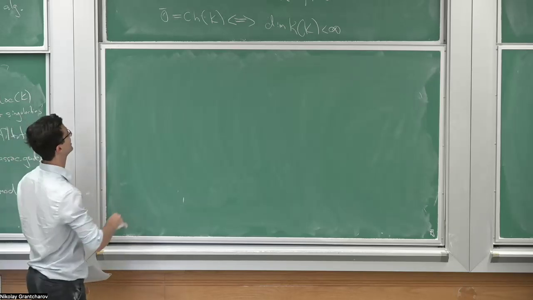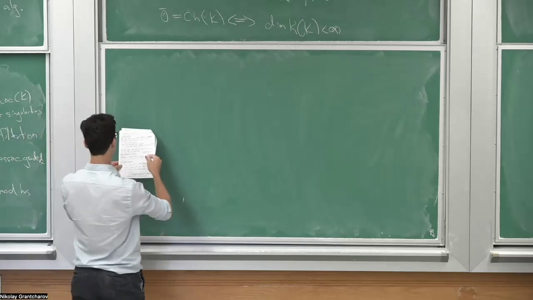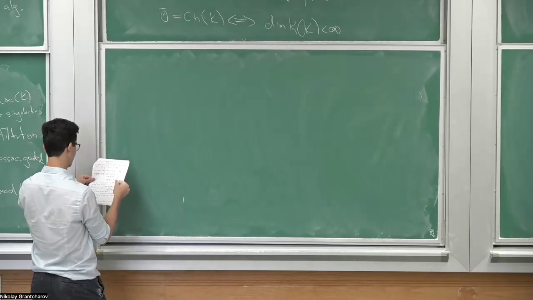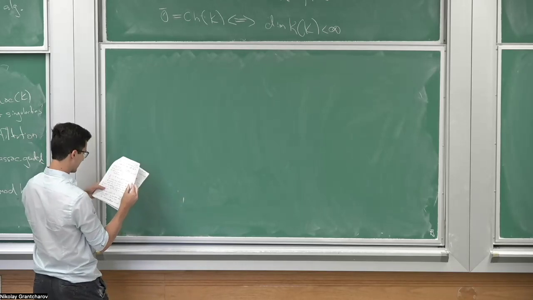There's an explicit formula for the adjoint. It's in Ginzburg's paper. But let's discuss the exactness in the quasi-classical case.